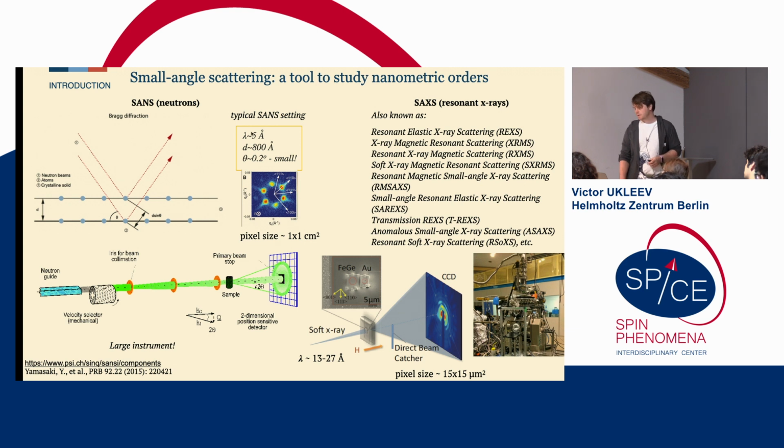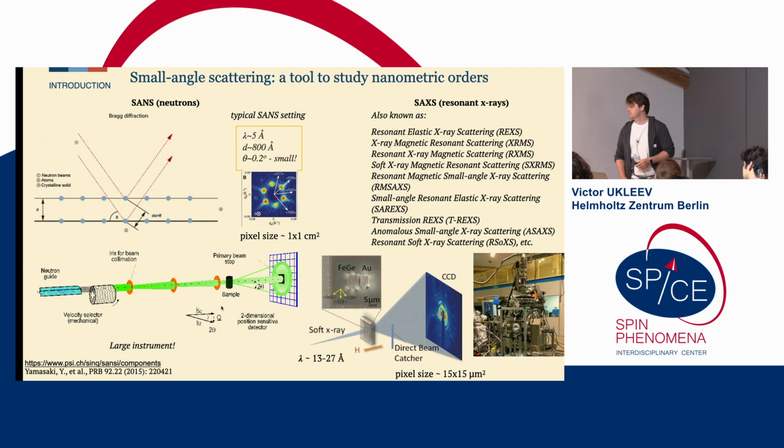At wavelengths of a few angstroms that you typically have in neutron instruments, if you want to investigate some periodic structure of a characteristic wavelength of tens of nanometers, you really have to go to small angles. And that means that with divergent neutron beams, you really have to build large instruments.